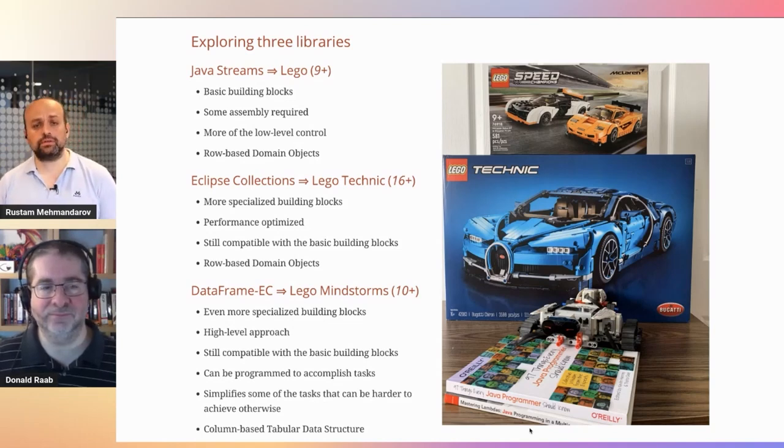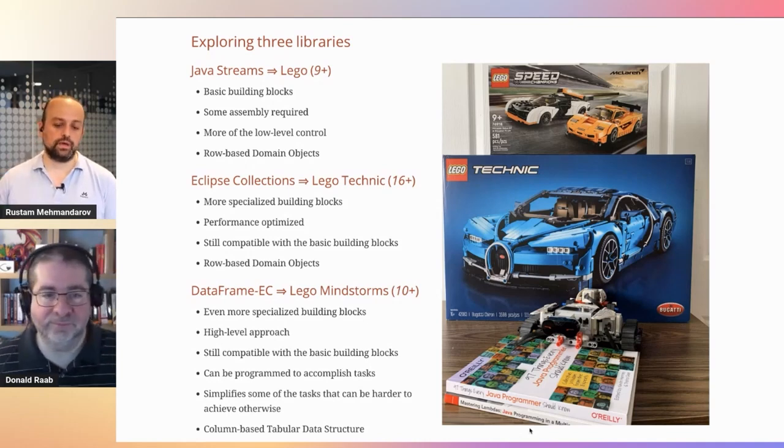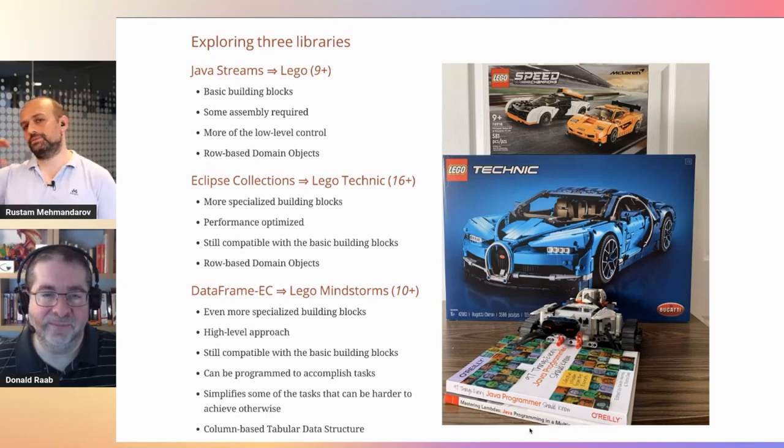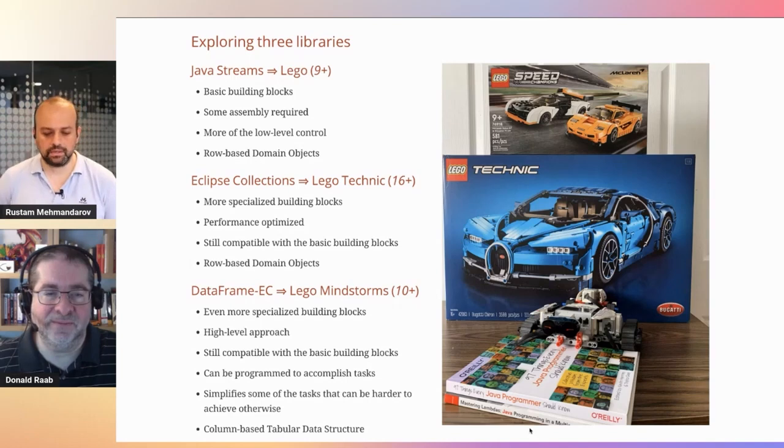More low-level control, so you can build your own stuff in different ways. And Java Streams has a row-based approach to domain objects. You have domain objects, and you put into an object a bunch of attributes that represent a row in a database.